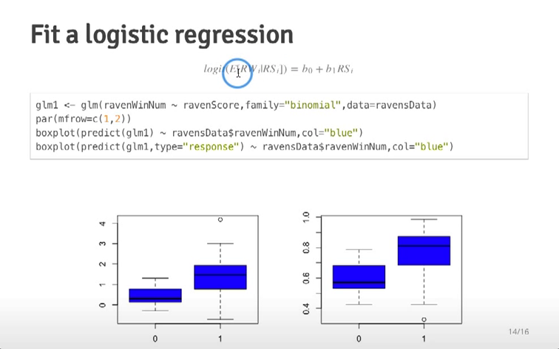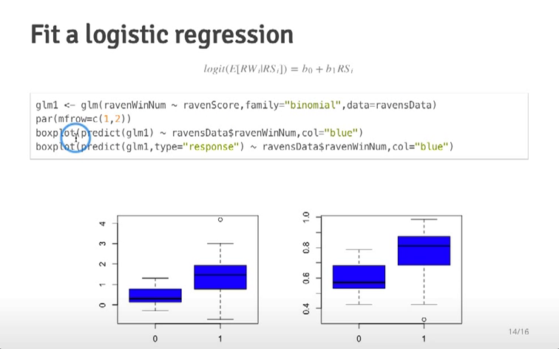In other words, the logit of the probability that the Ravens win is equal to a linear function of the Ravens score. We can fit that model just like we talked about when we talked about binary regression. We could fit that with the GLM function where we set the family to be equal to binomial, and then we tell it that we're fitting the model using the Ravens data.